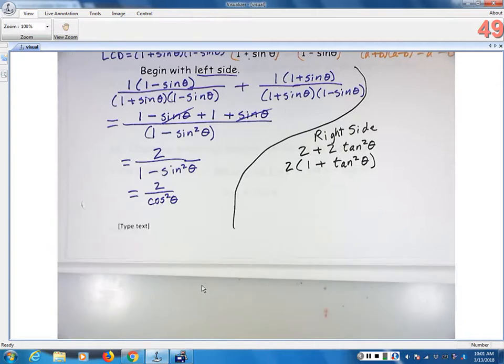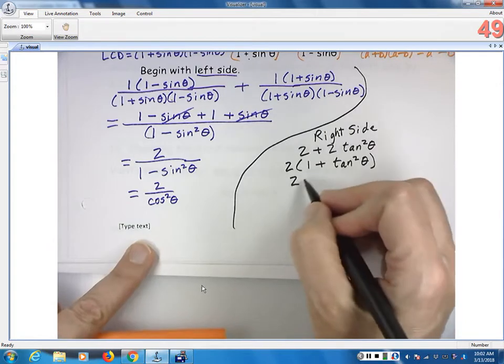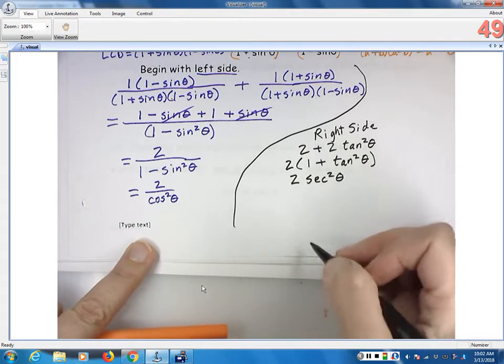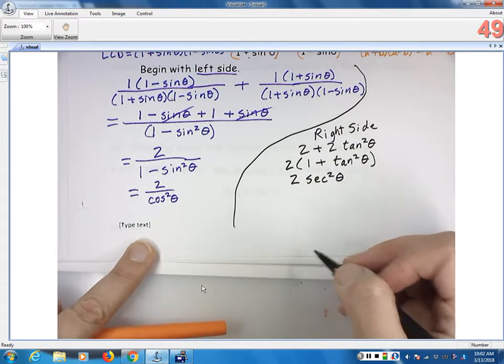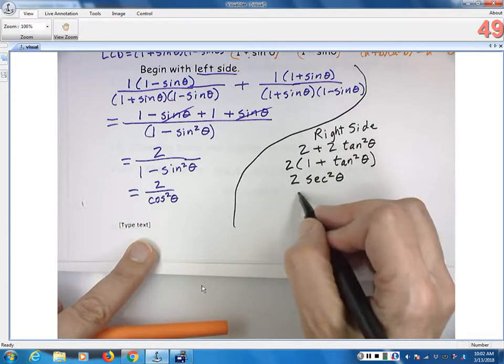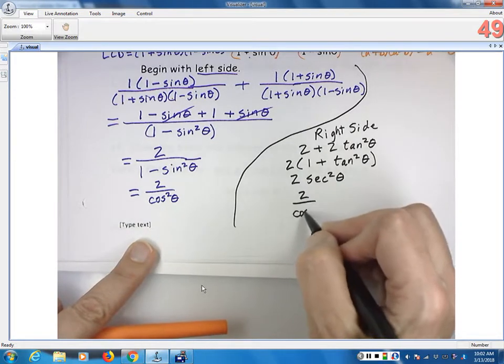So let's just do it that way. So we get 2 times secant squared theta, and that's actually easier. And secant squared is 1 over cosine squared. So 2 over cosine squared theta.